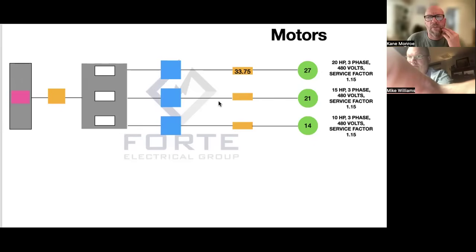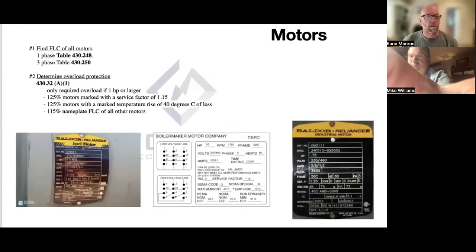Did you do 1.15 or 1.25? 21 times 1.25, because remember, your 15 horsepower has a 1.15. Now be careful, because they will give you that option of an answer.